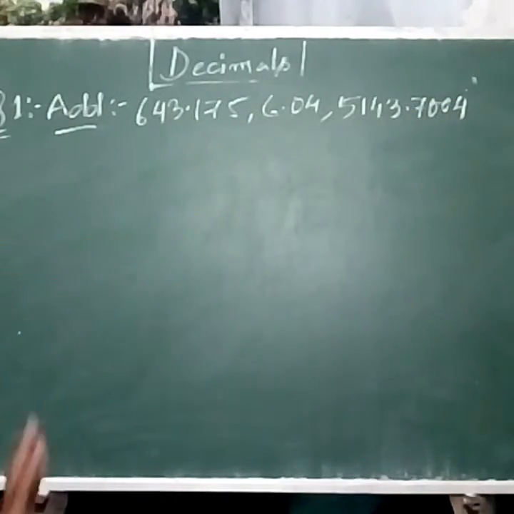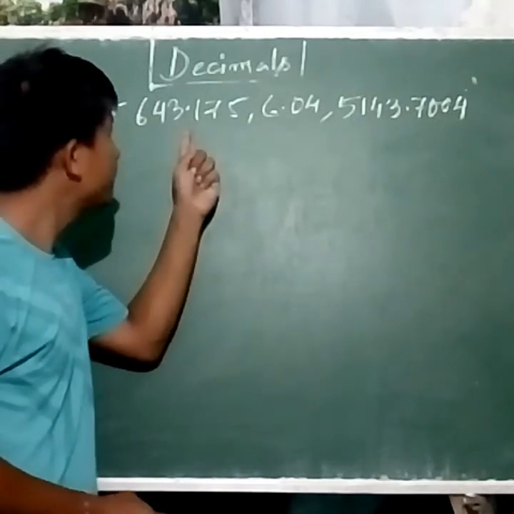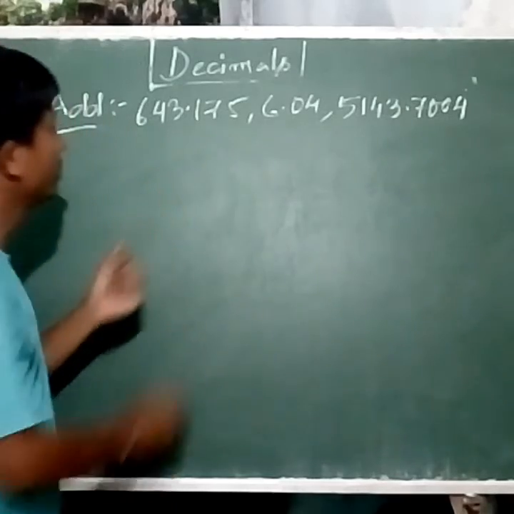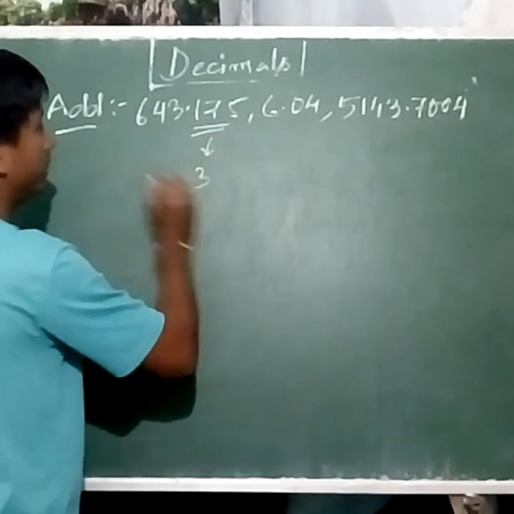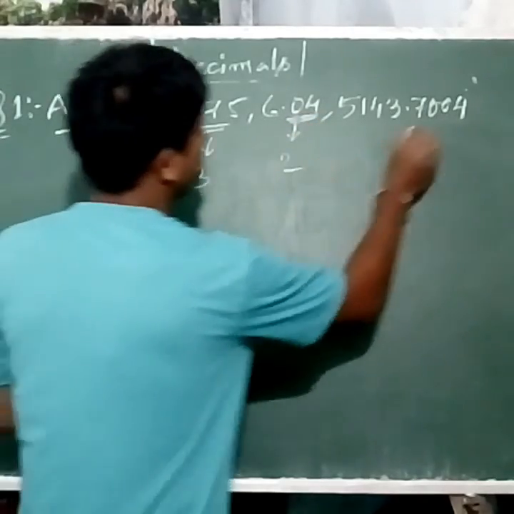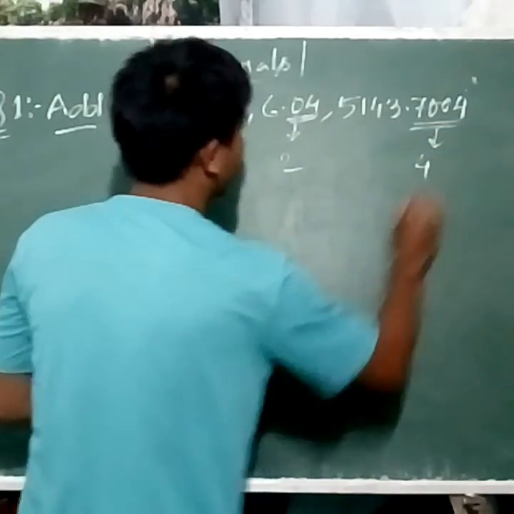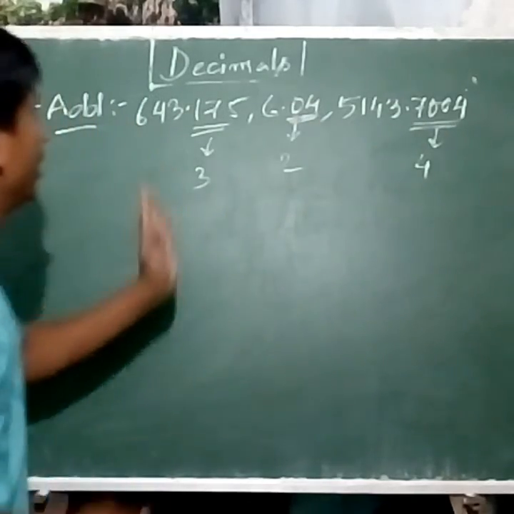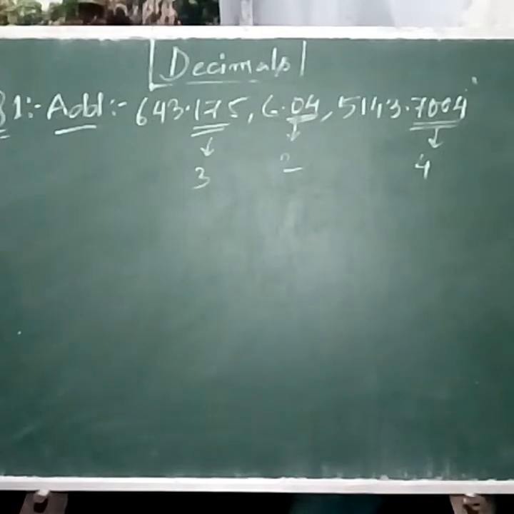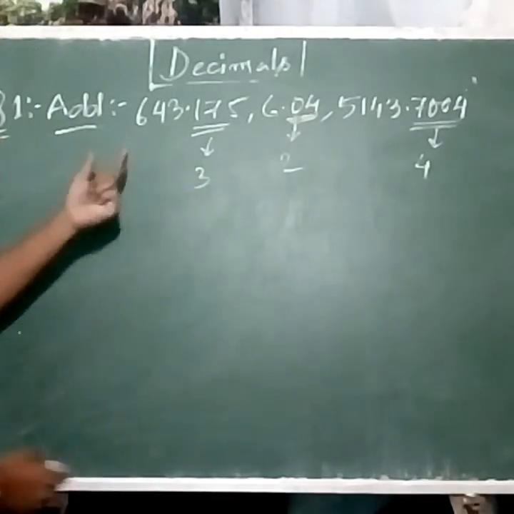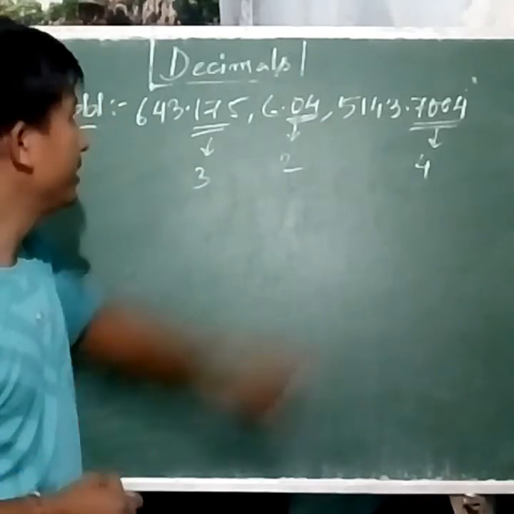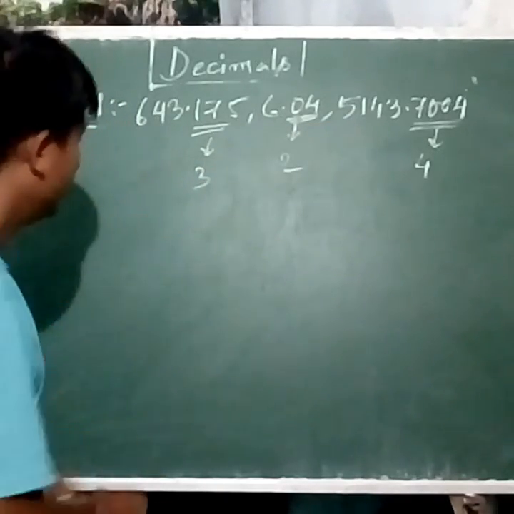How will we add these? First of all, see after the decimal point how many decimal places each of these three has. Here 3, here 2, and here 4. Just check the decimal part only. It depends on you, but for my convenience I am taking this first, this second and this third.